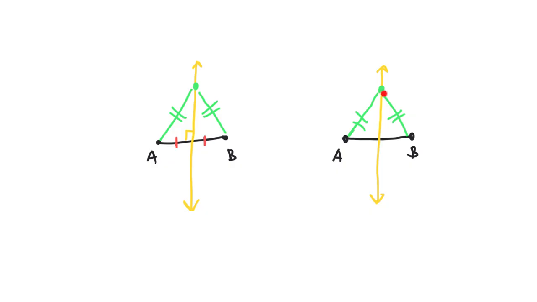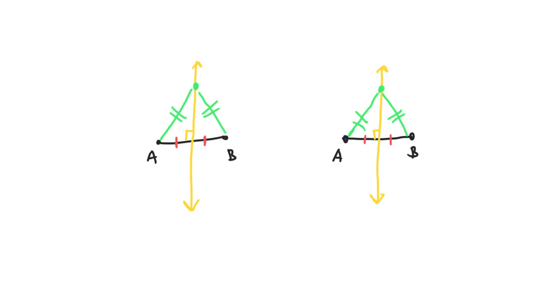Well, then by the converse of the perpendicular bisector theorem, you can know, oh, okay, so this is 90, and these have to be equal to each other as well. That is, if the green guys are equal to each other, then the yellow thing is the perpendicular bisector of the black segment.